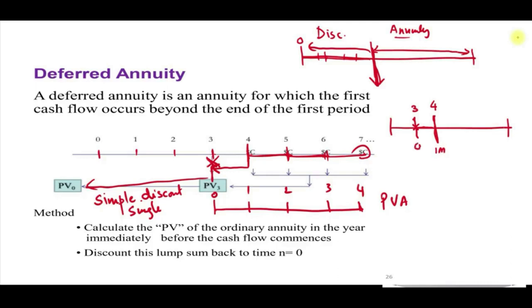So the answer we will get would be the present value of annuity at year 3. Once we get this answer, we have to take it back to year 0, so we use simple discounting. I will solve a question with you, it would be easy to understand.